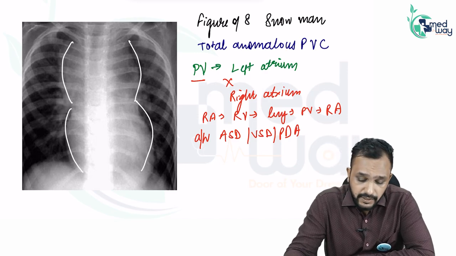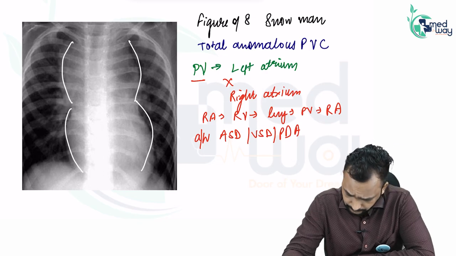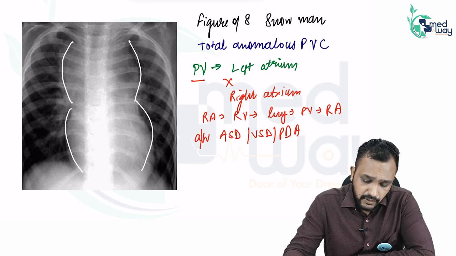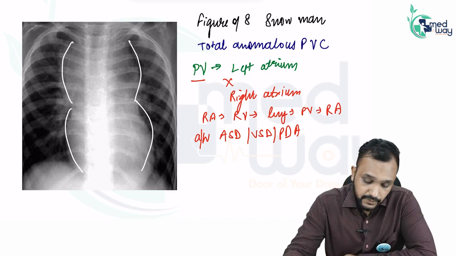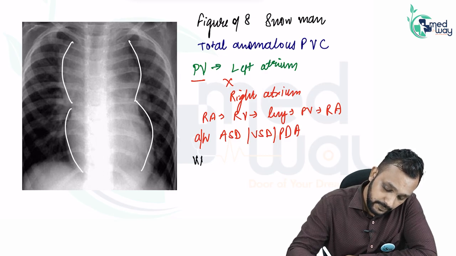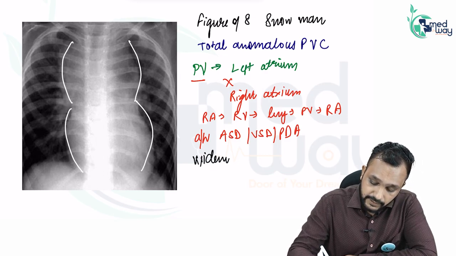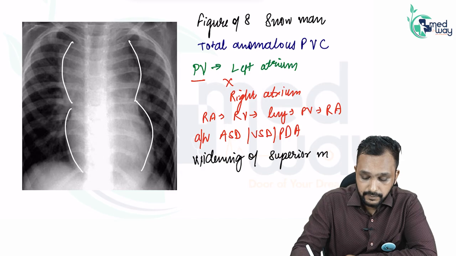So that mixing of blood can happen. Now guys, because all the pulmonary veins are draining into the right atrium, there is widening of the superior mediastinum, and this widening of superior mediastinum gives an appearance which is known as snowman appearance.